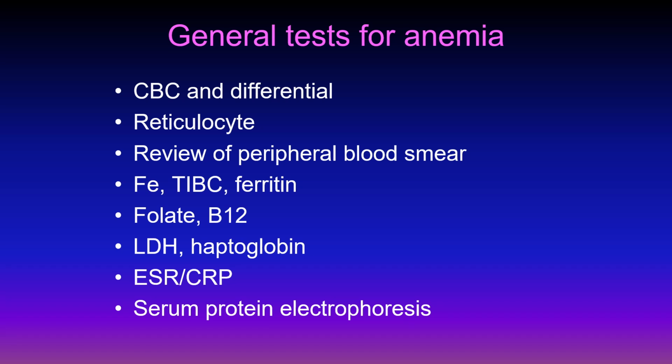The signs of hemolysis will come from the LDH and haptoglobin. I'll describe in a few minutes what those mean. And we also check inflammatory markers called the SED rate or the C-reactive protein. Serum electrophoresis may be helpful in some patients because you may be concerned about other underlying blood conditions, but we'll talk about those at a later date.